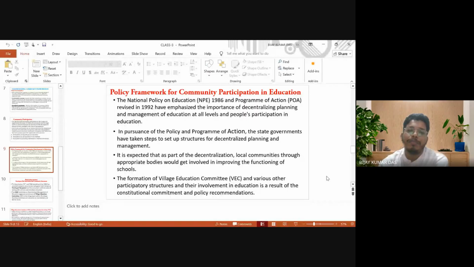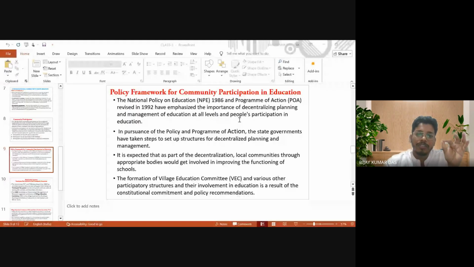Now we'll see the policy framework for community participation in education. Is there any policy formation? We talked yesterday about the 86th amendment act. In the 73rd and 74th constitutional amendment act, it has been envisaged that there be democratically elected bodies at the district level, sub district and panchayat level.